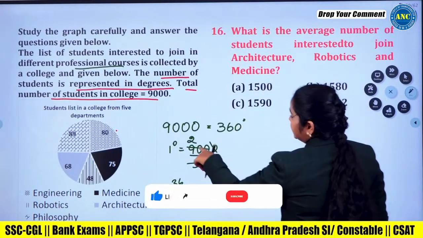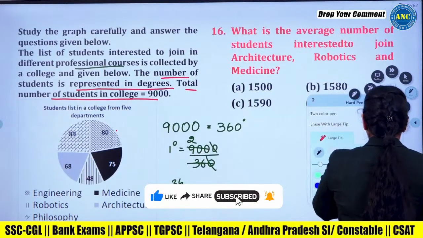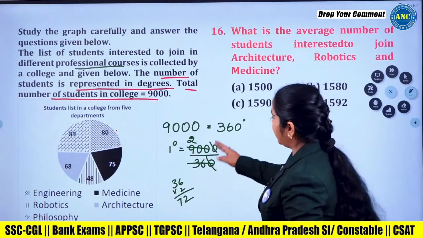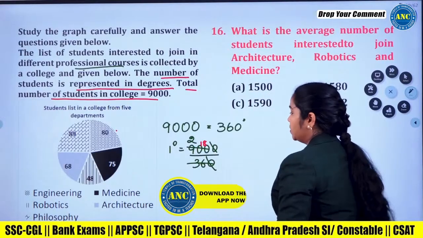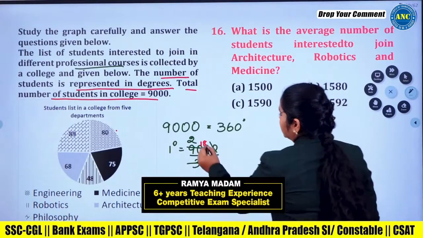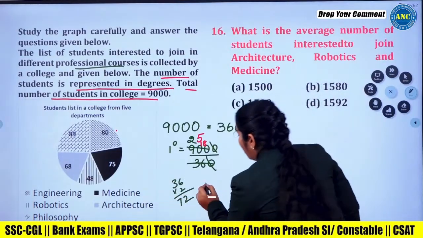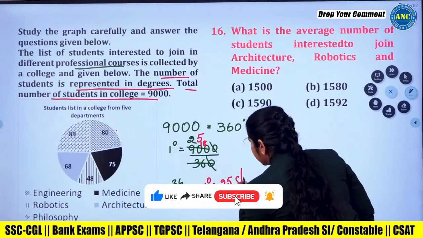When it is 72, how much is remaining? 8 here, 10 there. So it is 180, right? So, 36 5 times is 180. Are you all with me? So, 1 degree is equal to 25 students.